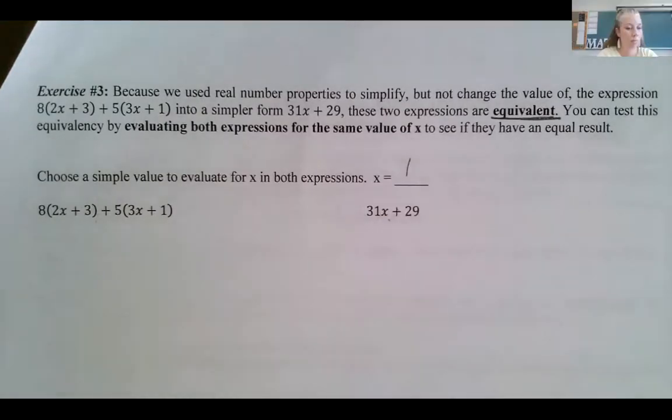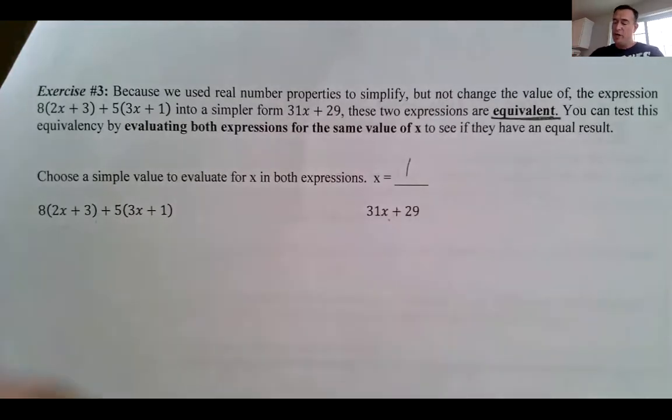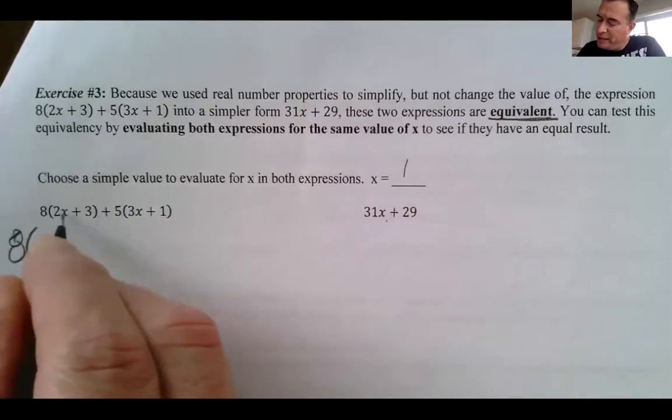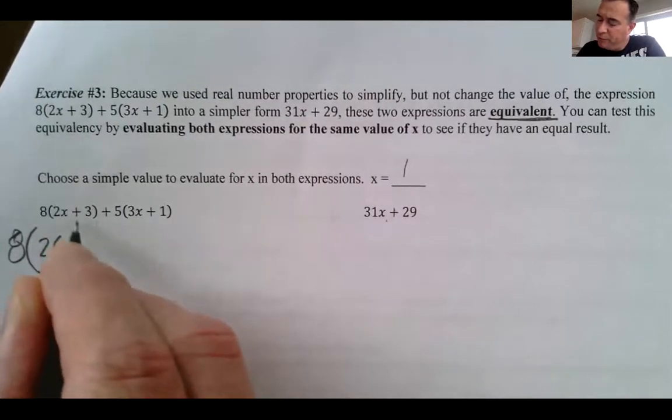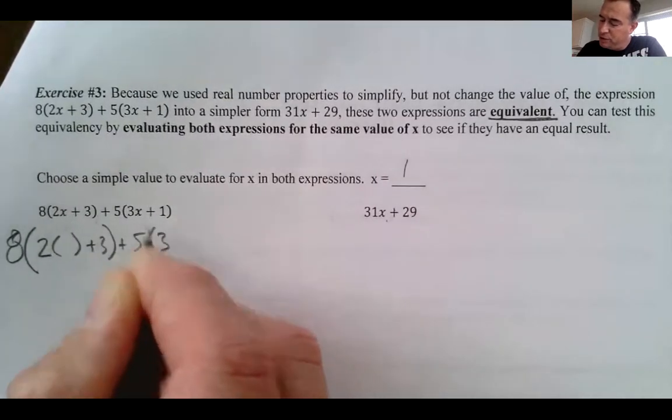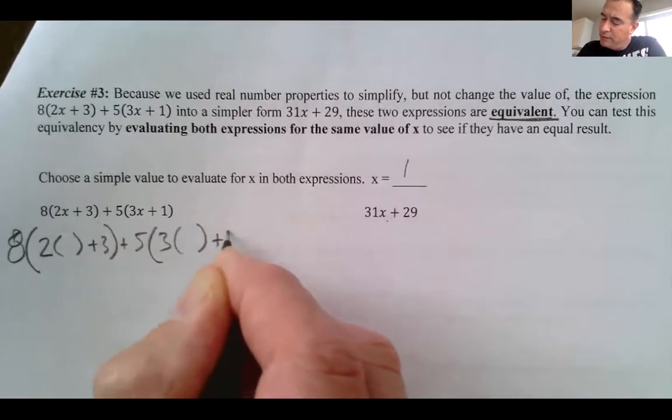So let's remember yesterday when we talked about evaluating: when we replace our variables, the first thing that we want to do is write a set of parentheses. So I'm going to rewrite this: 8 times parentheses 2 plus 3, plus 5 times parentheses 3 plus 1, close it.